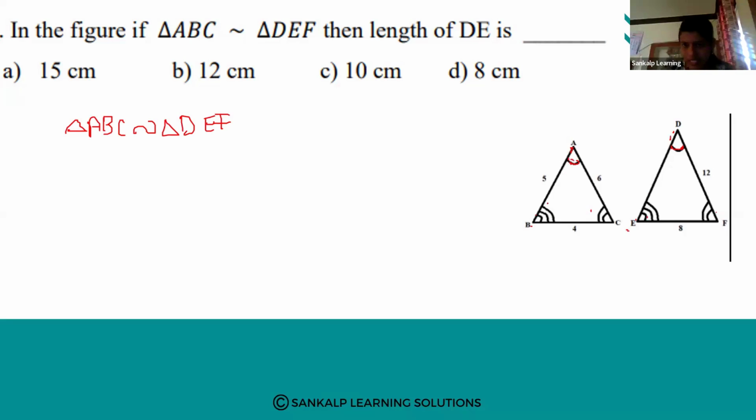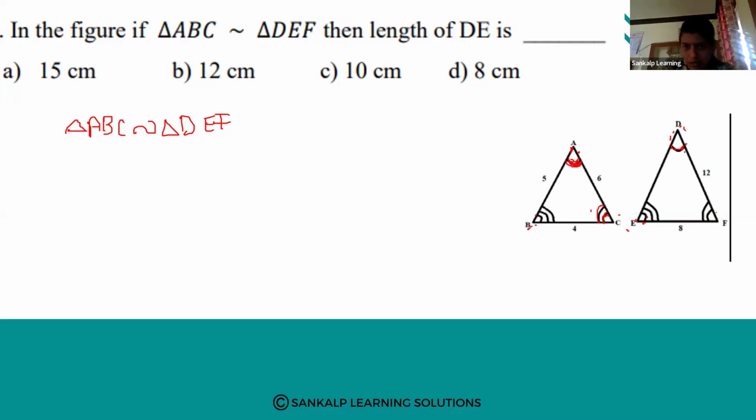So here one line is there, here three lines are there. Therefore the corresponding sides are AB divided by DE, BC divided by EF, AC divided by DF. Right? Here two lines are there and here one line is there.